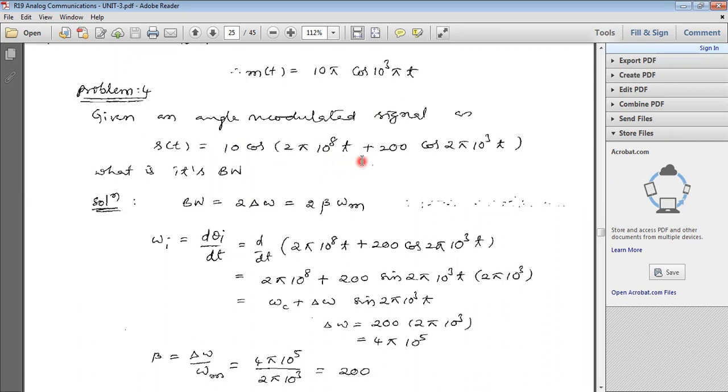So in place of theta, what do we have? 2 pi into 10 power 8 t plus 200 cos 2 pi 10 power 3 t. So therefore you substitute in place of theta 2 pi into 10 power 8 t plus 200 cos 2 pi 10 power 3 t. Now take the derivative and find delta omega.